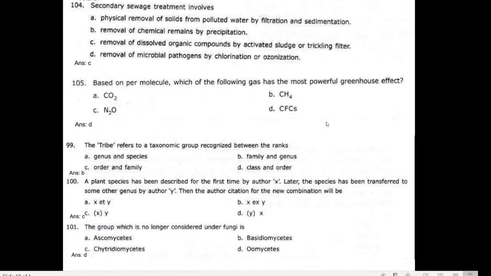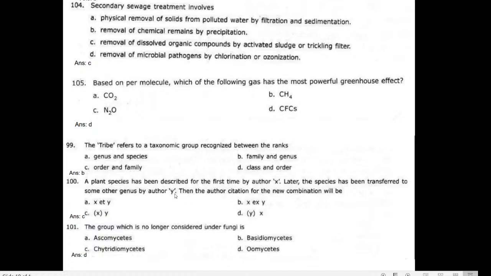Direct question. CFCs, hydrofluorocarbon. A tribe is a taxonomic group recognized between the ranks of family and genus. This is a direct one.